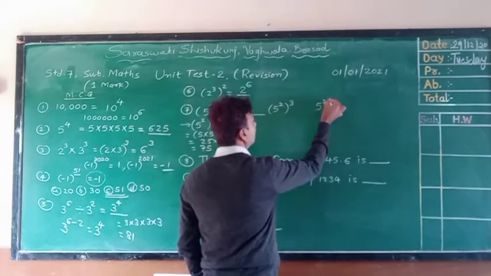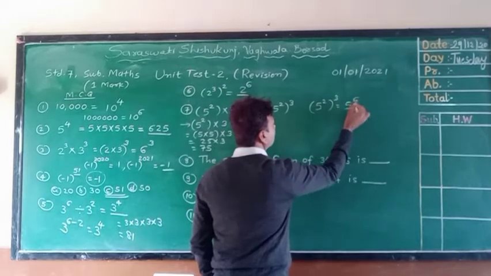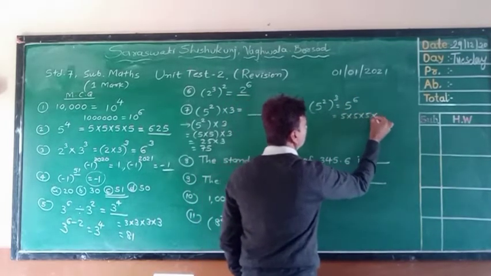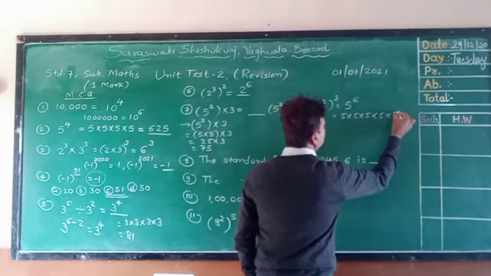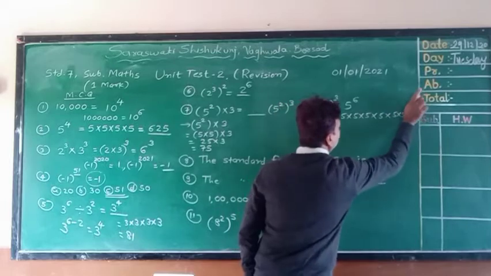And here 5 square and 3. So power on power, 3 twos are 6. So 5 will come 6 times. 1 2 3 4 5 6. Okay.